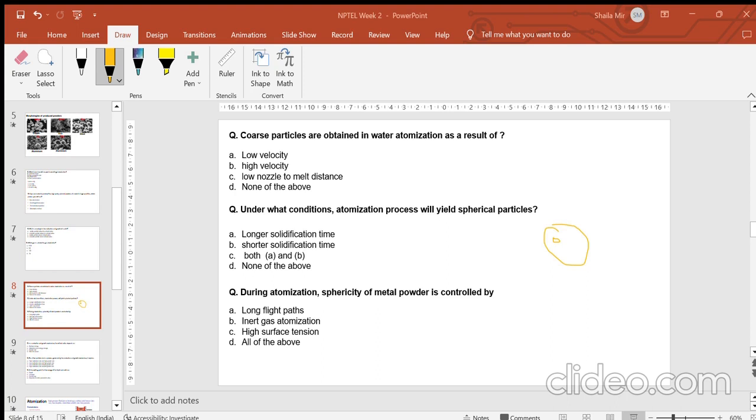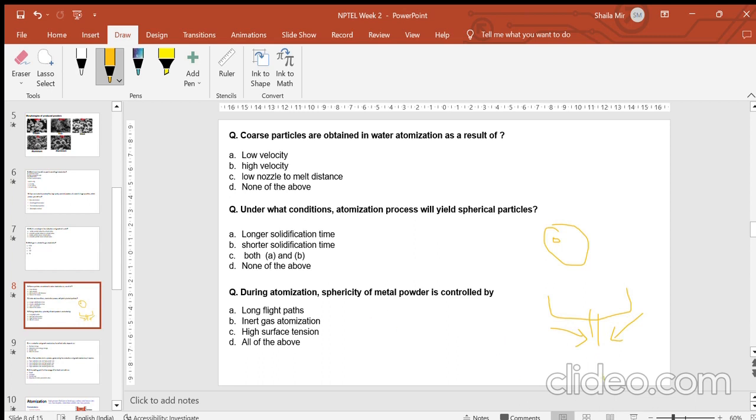The long flight path means the path from the melt. We have a melt here, and we have a melt nozzle here, and during atomization, either gas or water is impinged on the melt. So the flight path is how much distance it travels in the chamber before it is solidified.